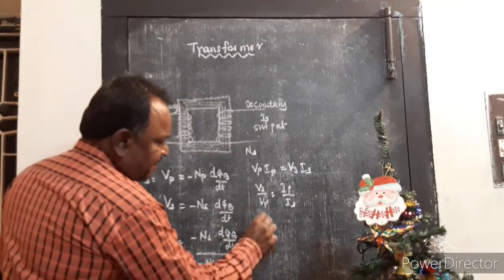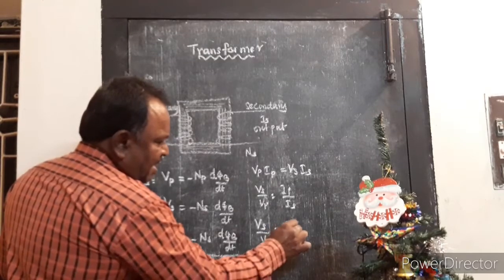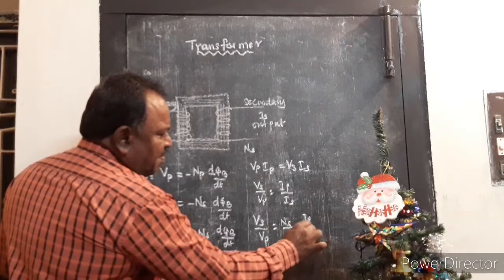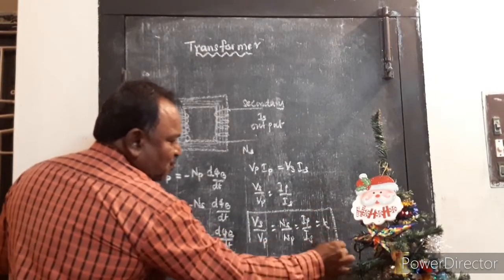So we can write Vs/Vp = Ns/Np = Ip/Is = K. This is the transformer rule.